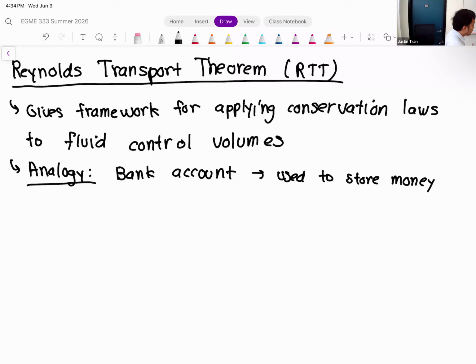In this situation, the bank account itself, you can think of as your control volume.